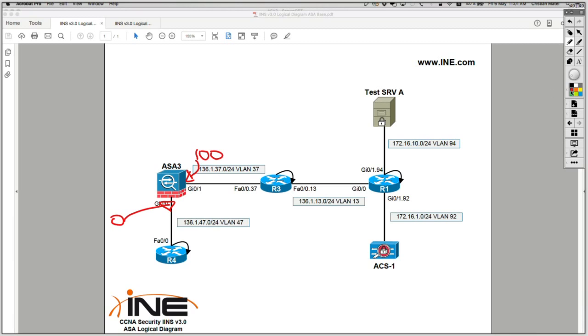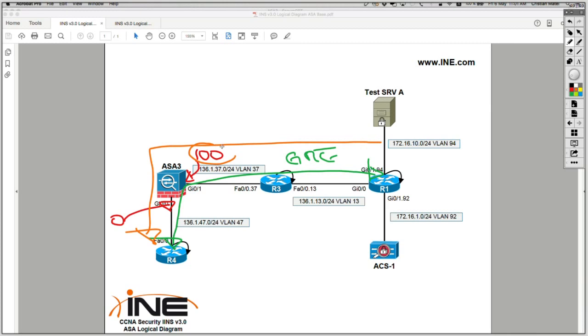If you would want a GRE tunnel to work between router 1 and router 4 through the ASA firewall, per our configuration, GRE traffic would work one way from router 1 to router 4, because traffic flows from a high security level interface to a low security level interface, 100 to 0, and since we don't have any ACLs configured in that direction, it is going to be allowed.